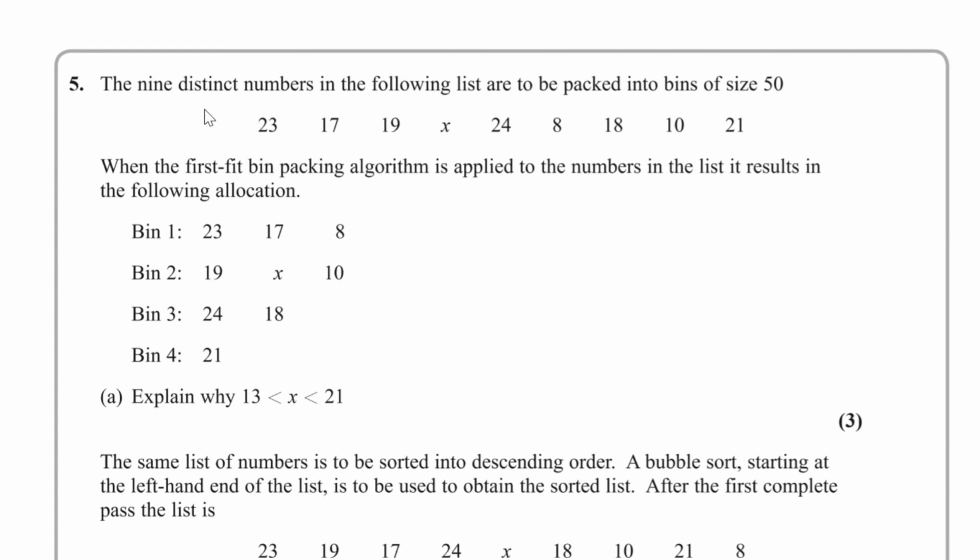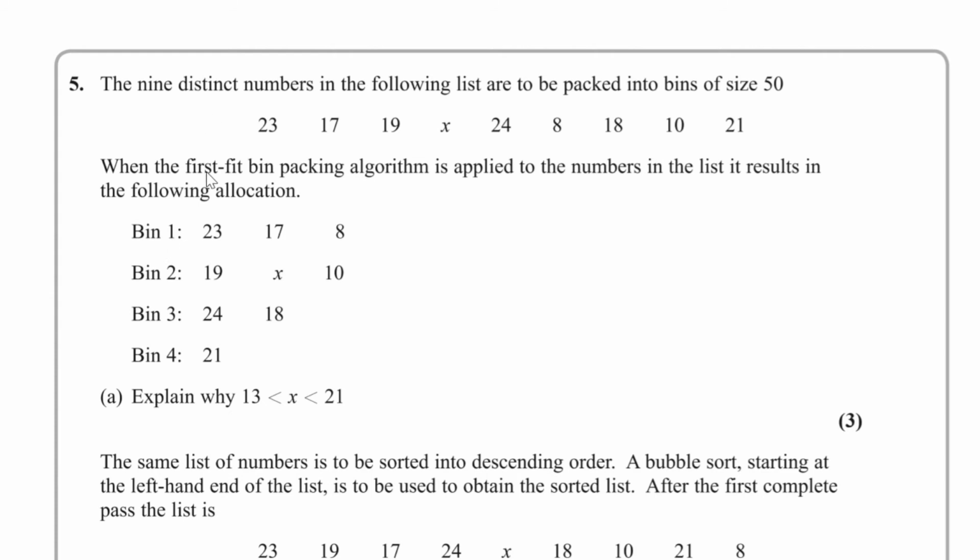Question number 5. The 9 distinct numbers in the following list are to be packed into bins of size 50. So we've got the list of numbers as shown here, and you'll notice here we've got the number x. When the first fit bin packing algorithm is applied to the numbers in the list, it results in the following allocation.